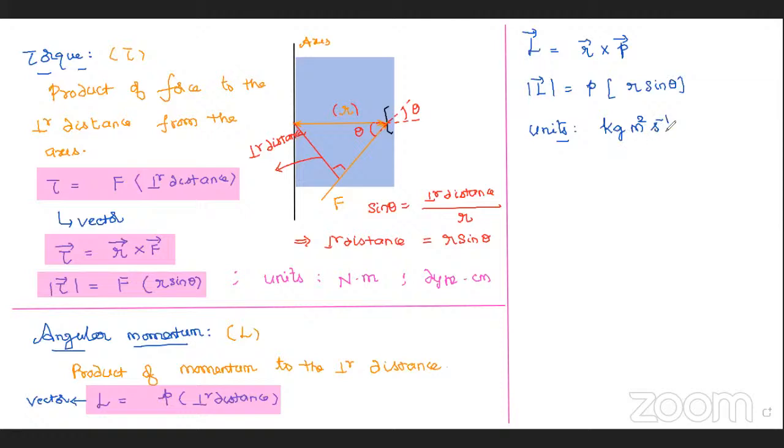Understood? The unit, how we got it? Yes, okay. And in CGS, I think, gram centimeter square per second. Okay, good.